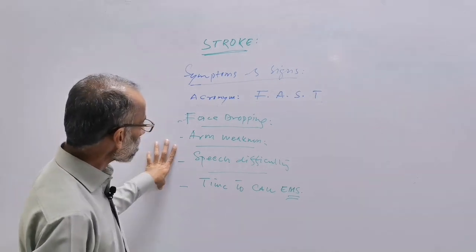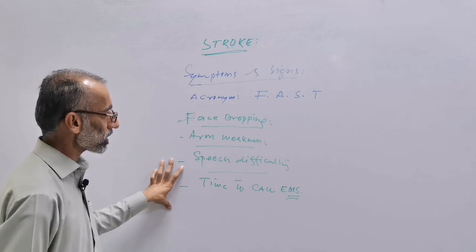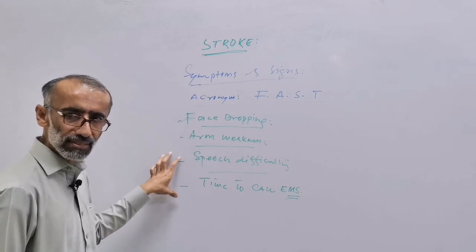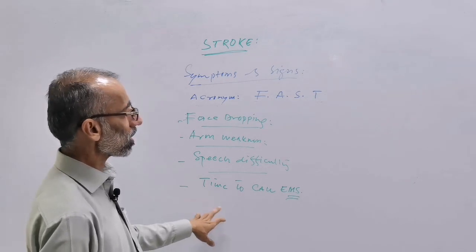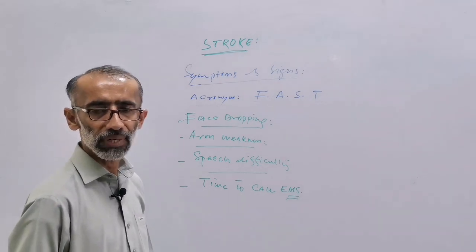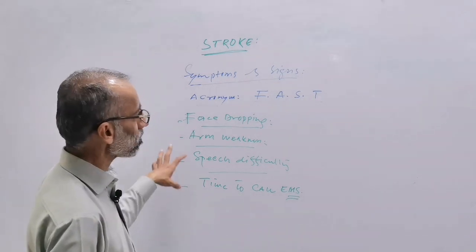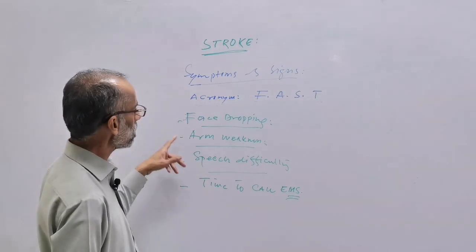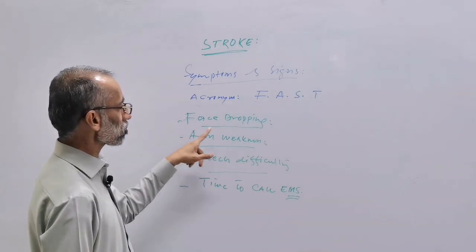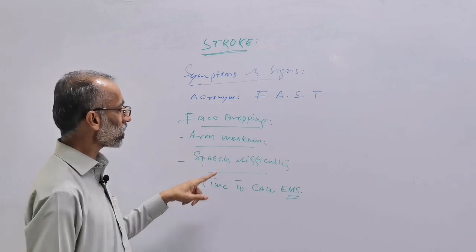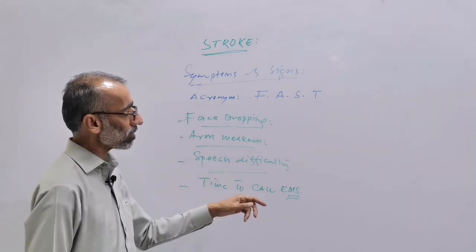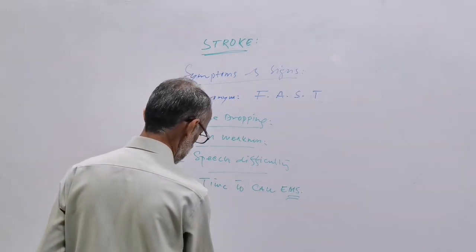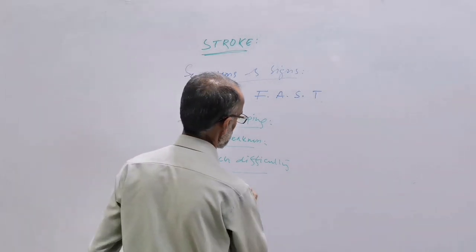If you observe the patient presenting with these signs and symptoms, always call emergency medical services for the management of stroke. F, face drooping; A, arm weakness; S, speech difficulty; and T, time to call emergency medical services.